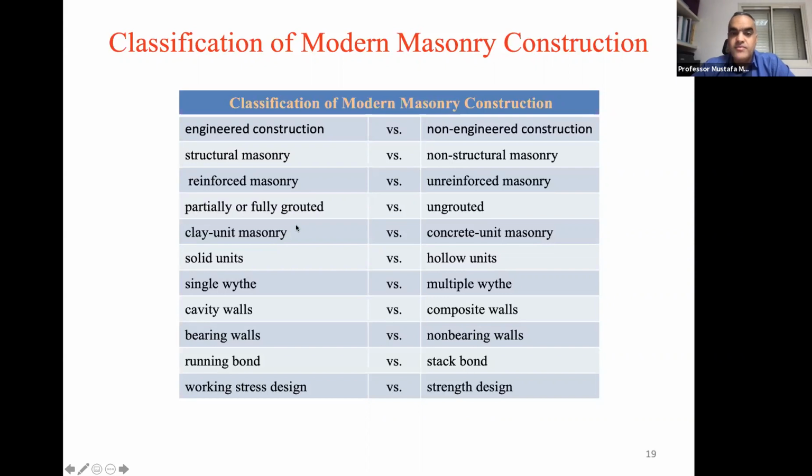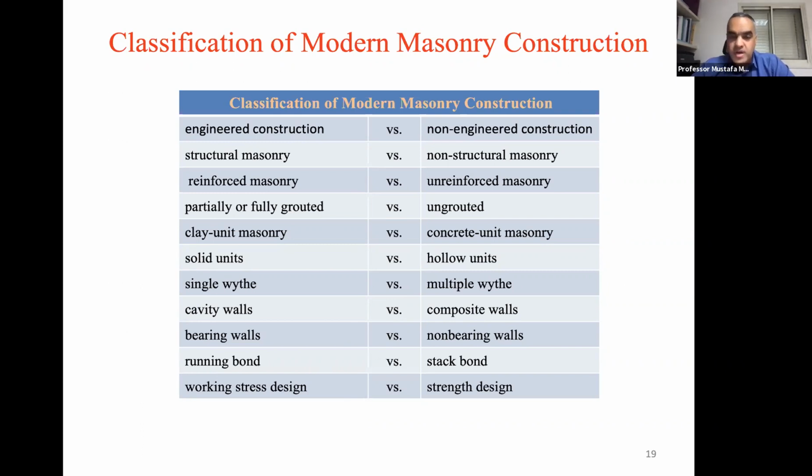We have partially grouted or fully grouted versus ungrouted. Clay unit masonry versus concrete unit masonry. Solid units, hollow units. Single width, multiple width. Cavity walls, composite walls. Bearing walls, non-load bearing walls or non-bearing walls. Running bond, stack bond. And then working stress design, strength design. So these are, of course, important terminology to know about masonry.